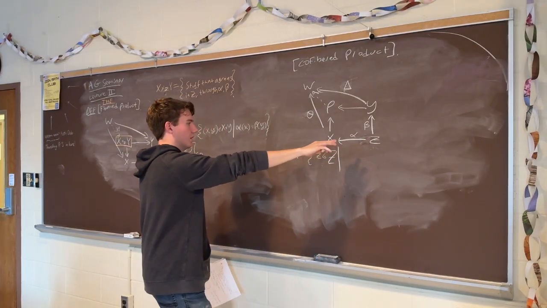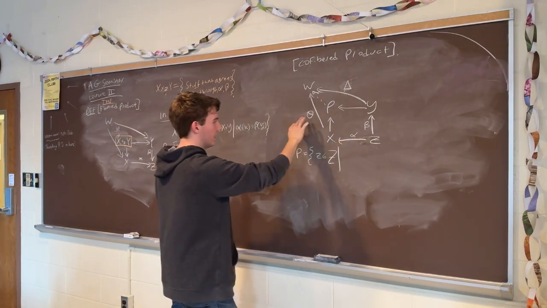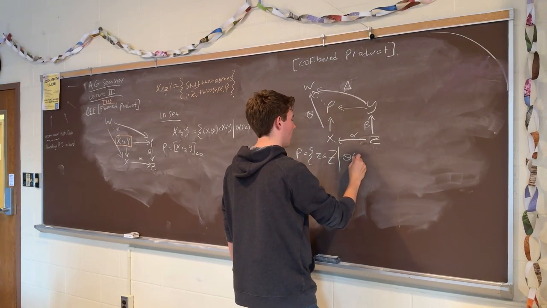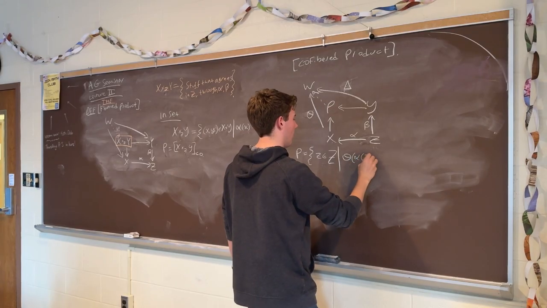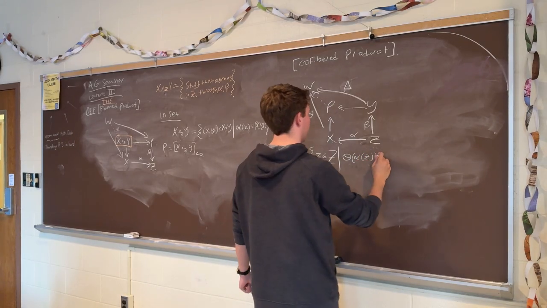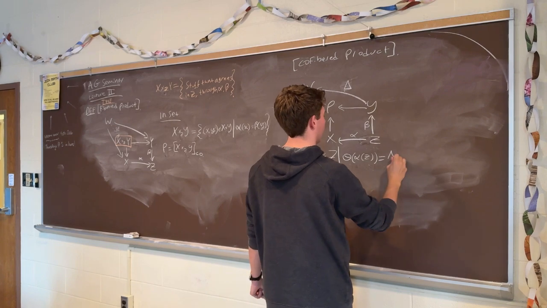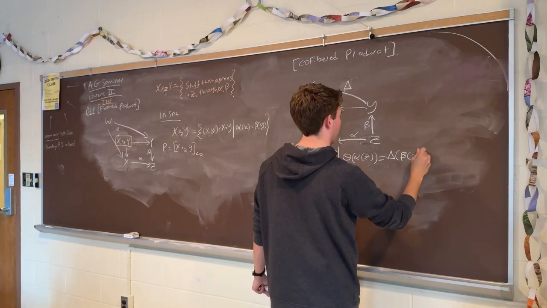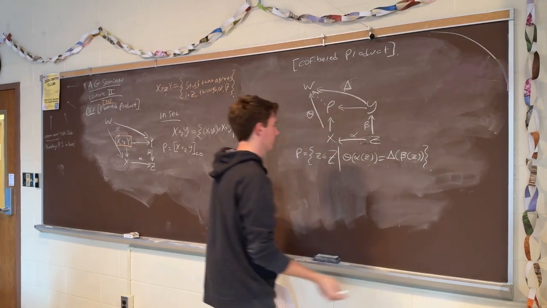Z and Z such that theta of alpha of Z is equal to delta of beta of Z.